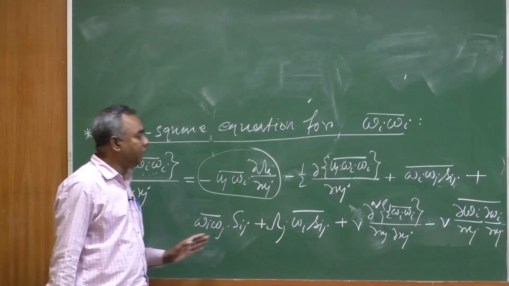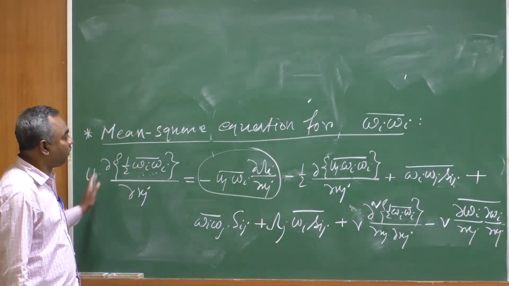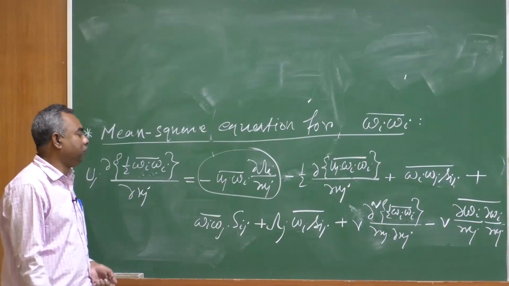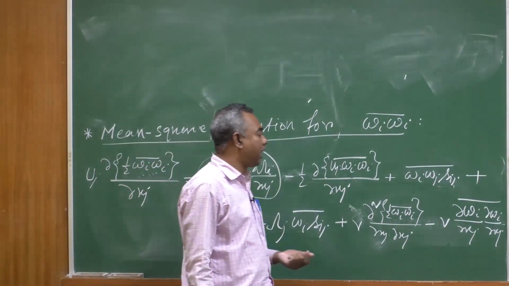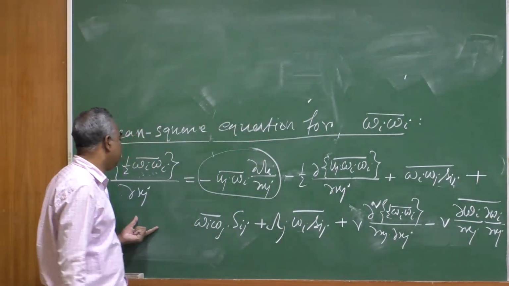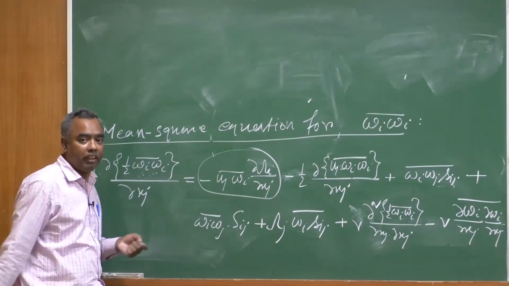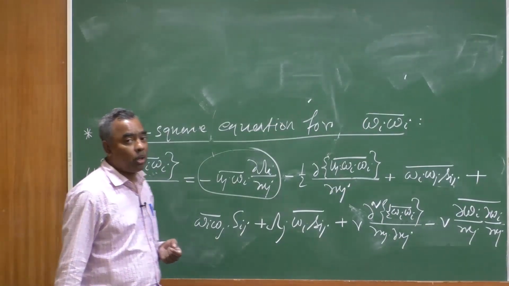So, there are many terms for which we first need to know the order of magnitude, before we go ahead with the order of magnitude analysis for a budget of this enstrophy equation.